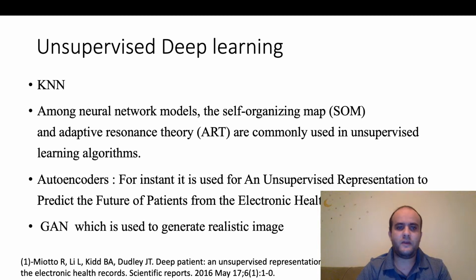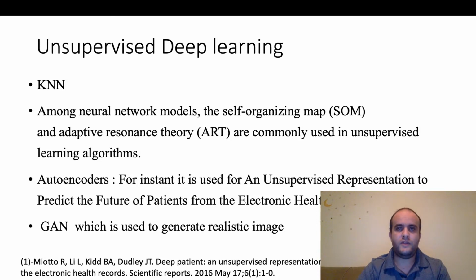The second type is unsupervised deep learning. In this kind of learning, we don't have a label. We don't have the output ready for us, but we need to cluster the data together based on similarity. For example, patient 1 and patient 2 have the same timeline, the same process of getting the disease, so we can predict some kind of disease based on patient similarity.